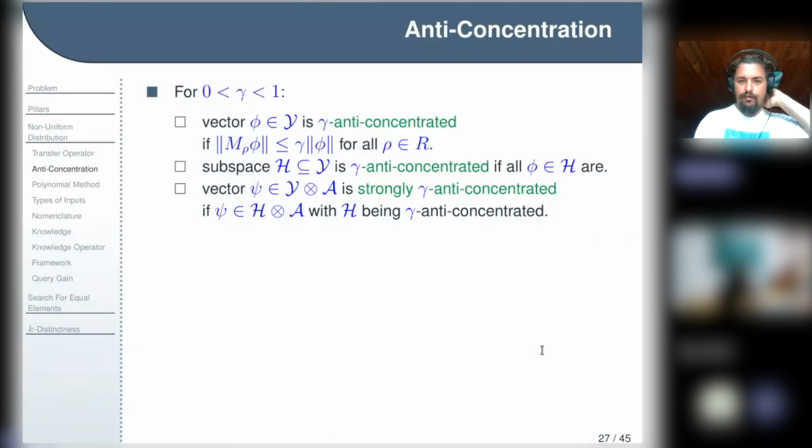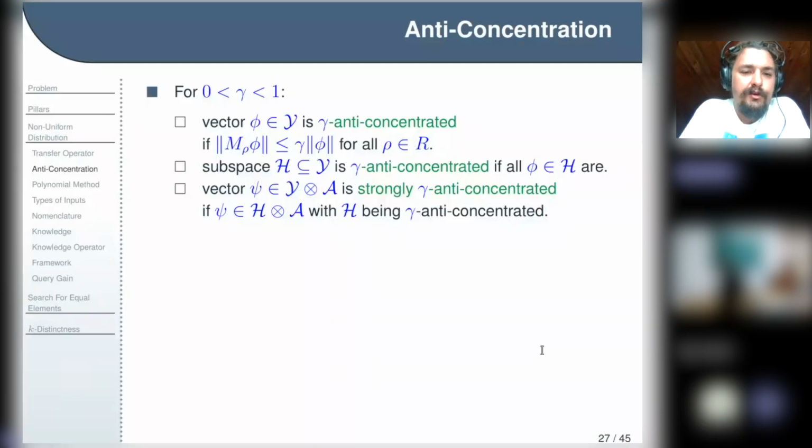So let me give you one piece of technicality. This anti-concentration notion, which is also in some way in Zhandry's paper, will be used in the lower bound framework quite importantly.